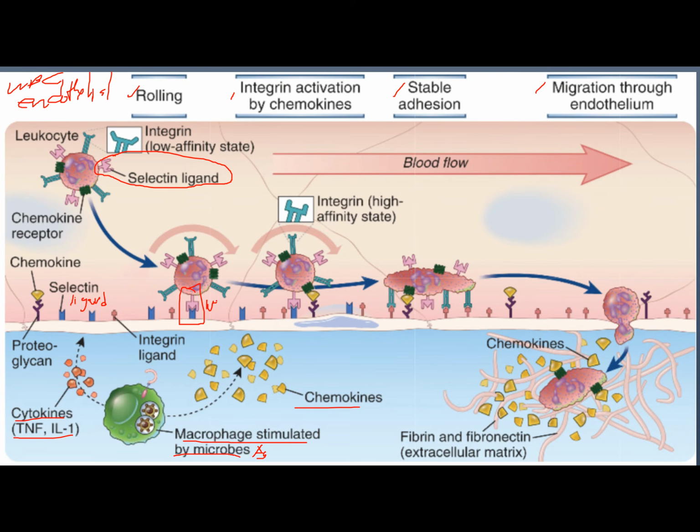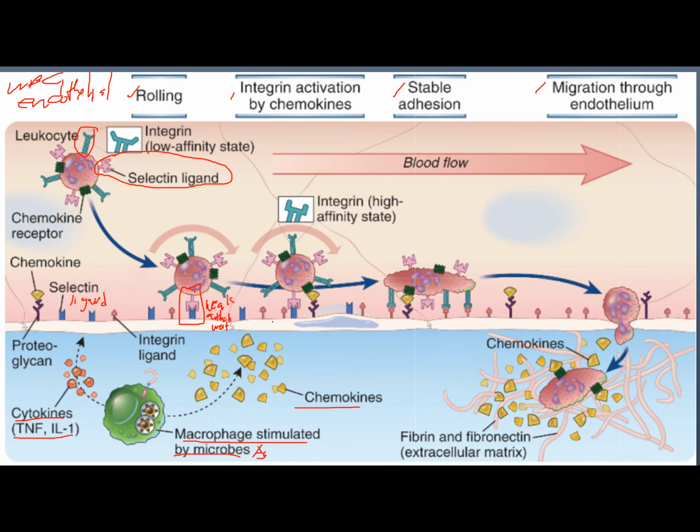But as mentioned earlier, this is a weak attachment. So what happens next is that it now requires your integrin. Integrin is found on the surface of your WBC. The integrin, the green one here, will look for its corresponding ligand.